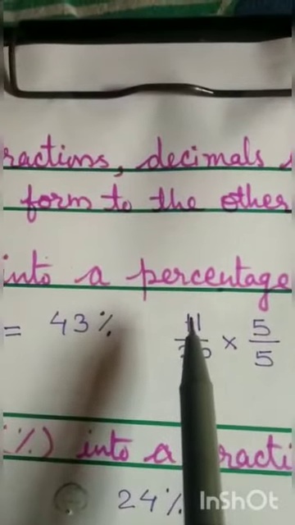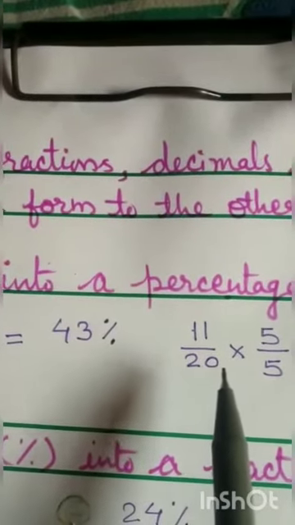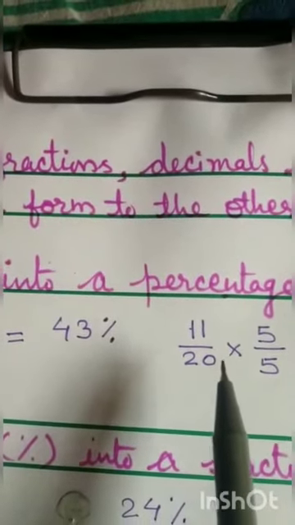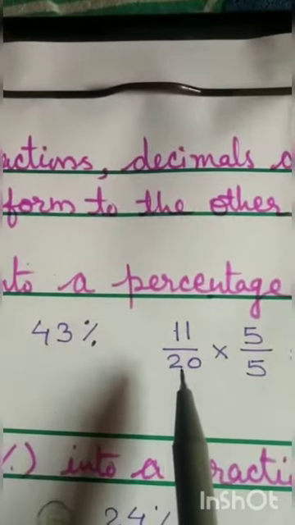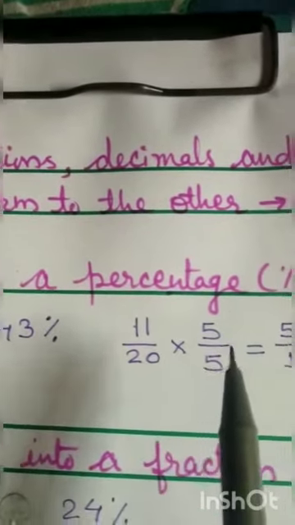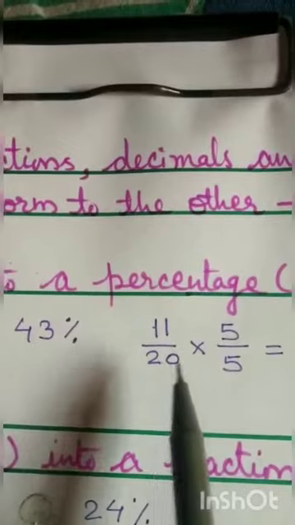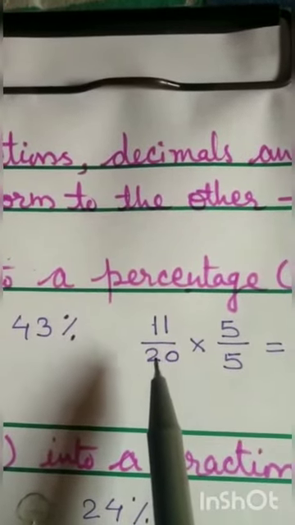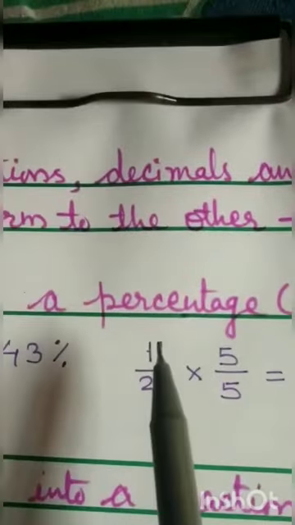Another example, 11 by 20. The fraction is 11 by 20. We require 100 in the denominator to use the sign of percentage as per 100. So how can we make the 20 into 100? We multiply it by 5. So 20 into 5, 5 twenties are 100.